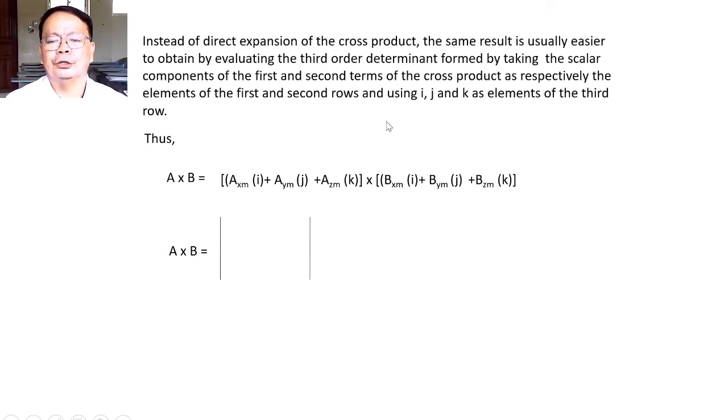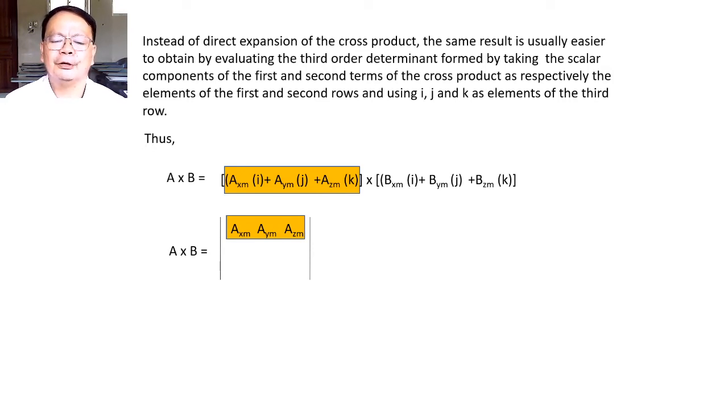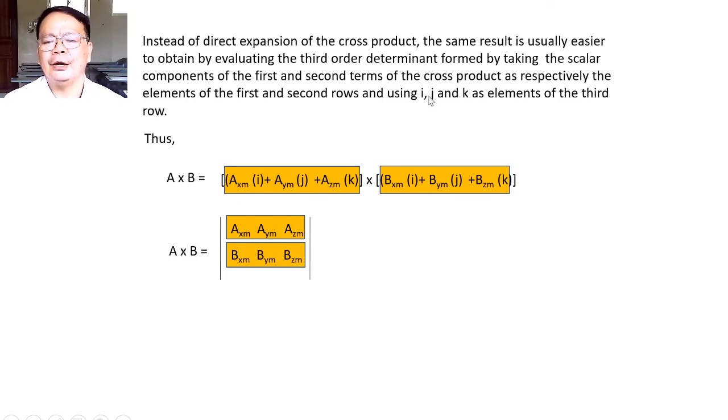According to the discussion, the first term shall be the first row of the third order determinant. The second term must be the second row. While I, J, and K will become the third row of the third order determinant.